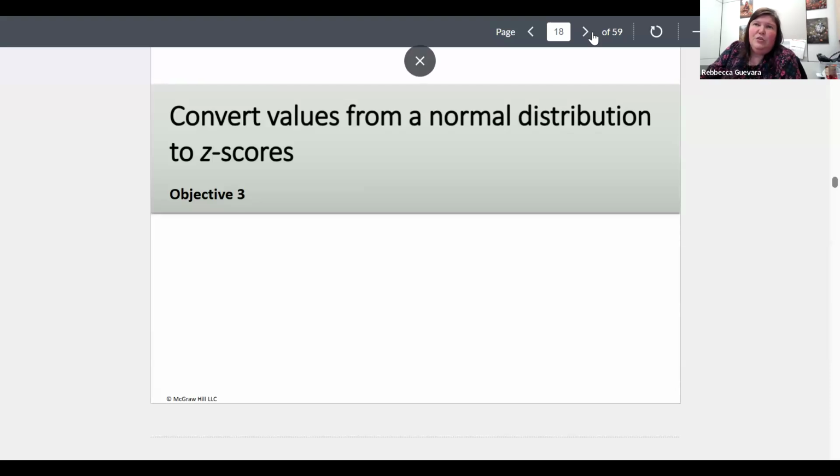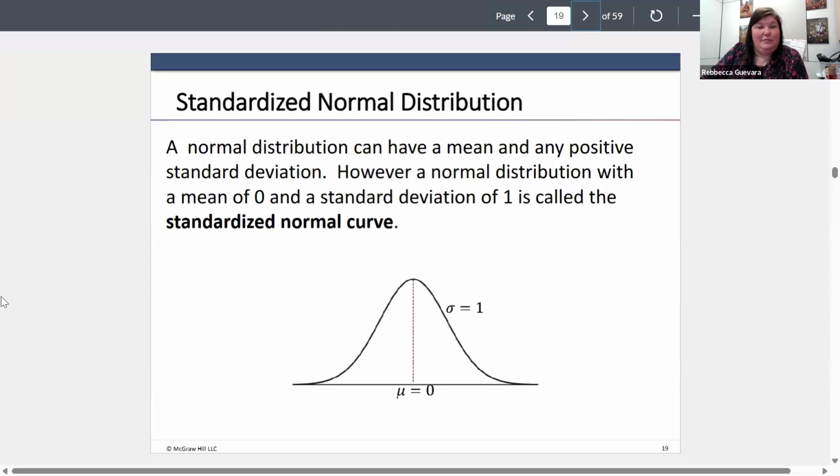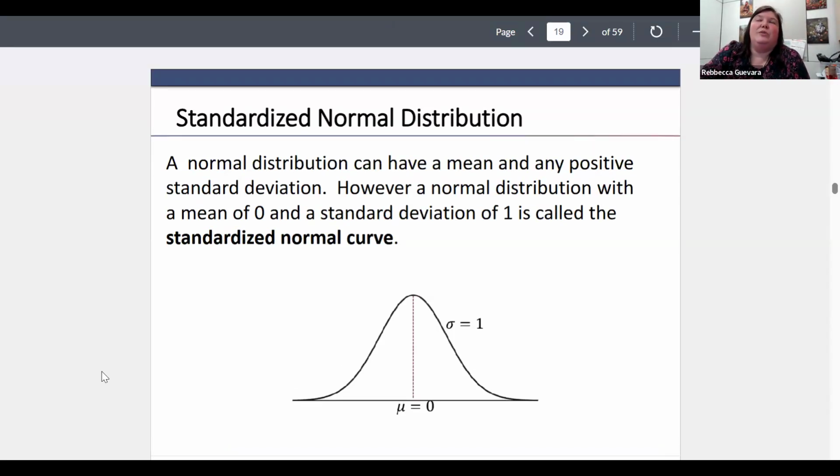Okay. We're getting close to where we're going to actually find these probabilities. So first we're going to talk about converting a normal distribution to z-scores. What we're going to use, like I said, is a z-table, and we're also going to use a TI-84 to help us calculate probabilities. But before we can use the z-table, we need to know how to do this standardized normal distribution.